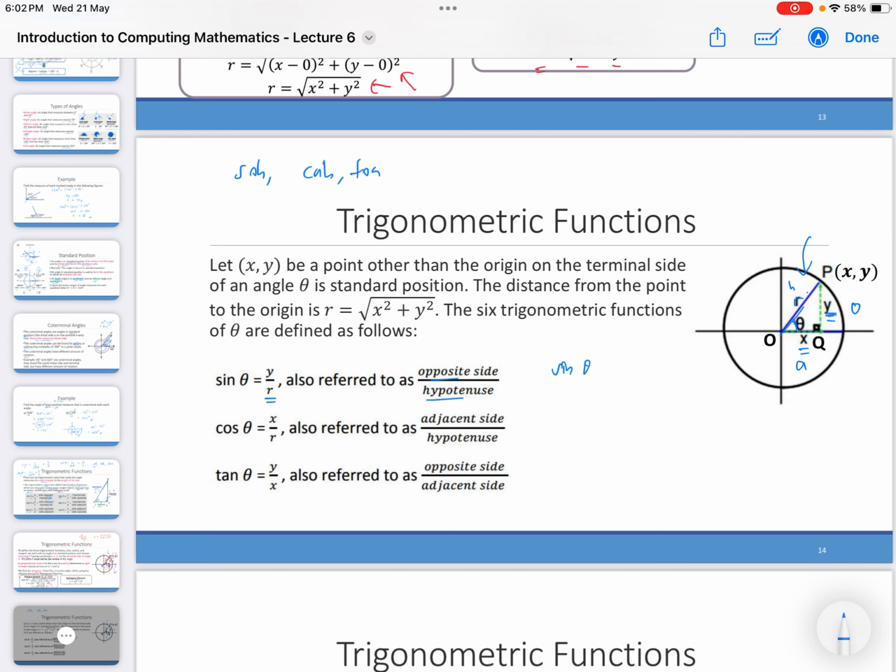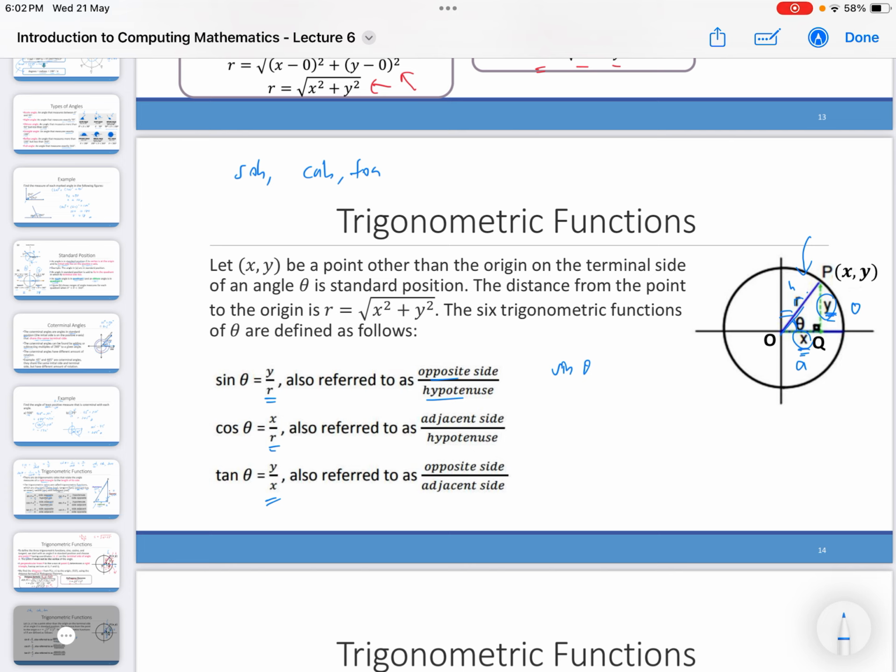And then cos theta is adjacent over hypotenuse. The adjacent is x, hypotenuse is r. So that's why we get x over r. And then tangent theta is opposite over adjacent. The opposite is y, and the adjacent is x. So we get y over x.